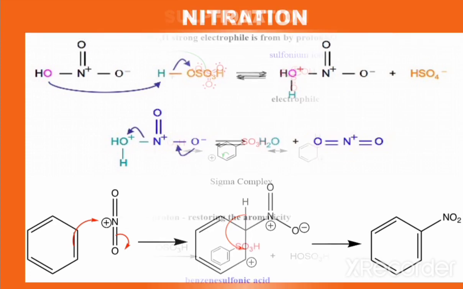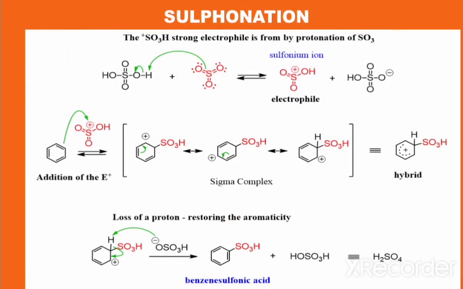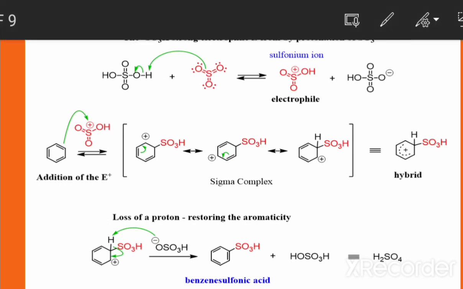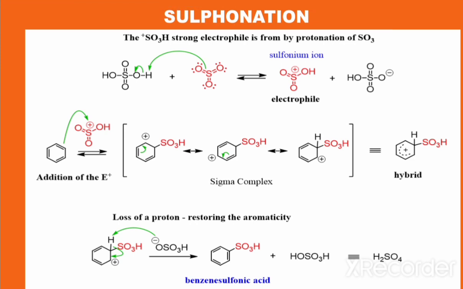So next is sulfonation, addition of a sulfuric acid group. Firstly, SO3H is the positive ion of sulfuric acid. How is it formed? It is formed by the protonation of sulfur trioxide.